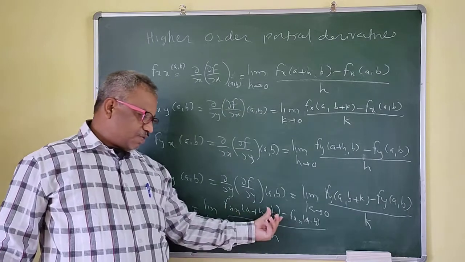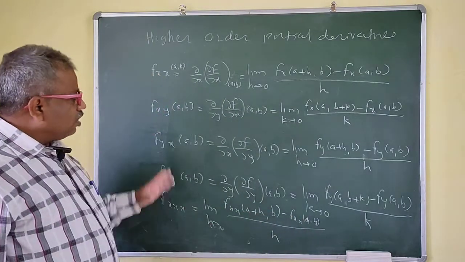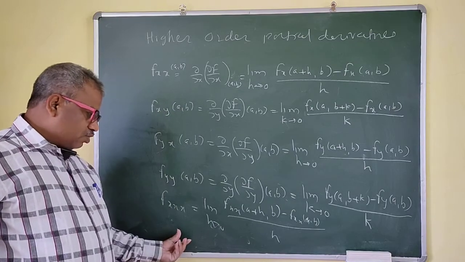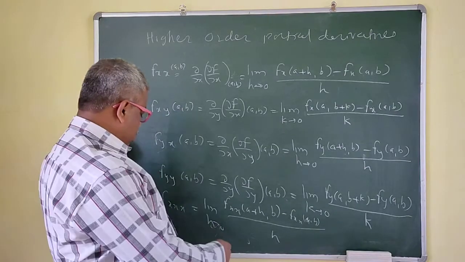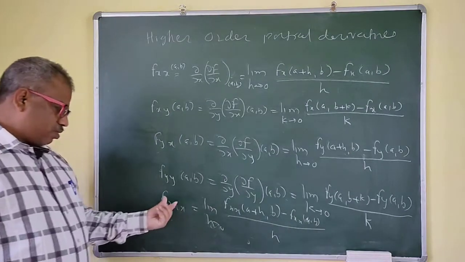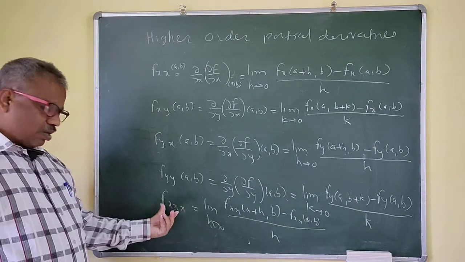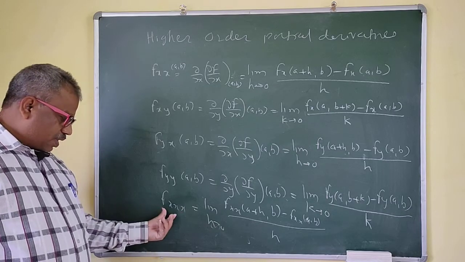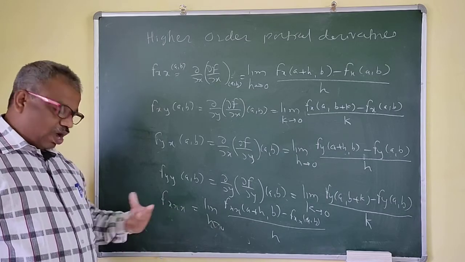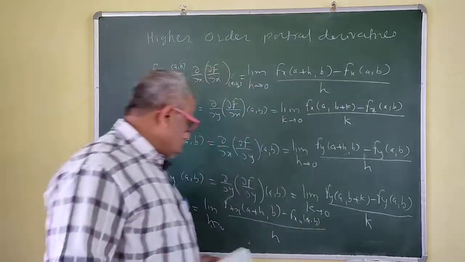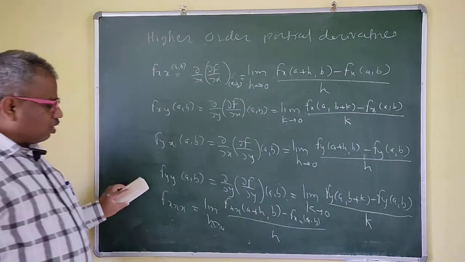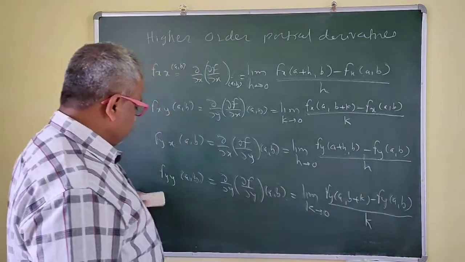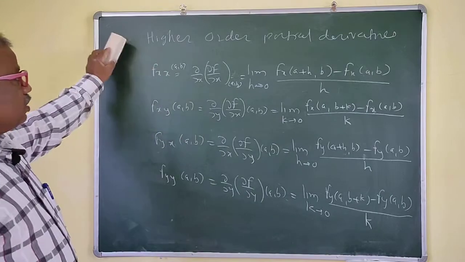In this way you can differentiate fxx with respect to y, fxx with respect to z. Doesn't matter, this is a two variable case. Then fxxy, fxyy, and so on. This is the third order partial derivative. We are not actually interested in the formula. We have to take the third order partial derivative, but not by using this.